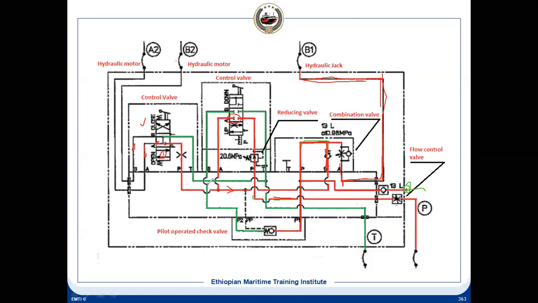Otherwise, the cover will not open because this pressure will go to this side, to the hydraulic jack. And if you have the auto cleat, it will go to the auto cleat. This will be parallel, the auto cleat also will open. There will be a parallel line from here. So this interlock has to be there. Otherwise, what will happen if this interlock is not there?